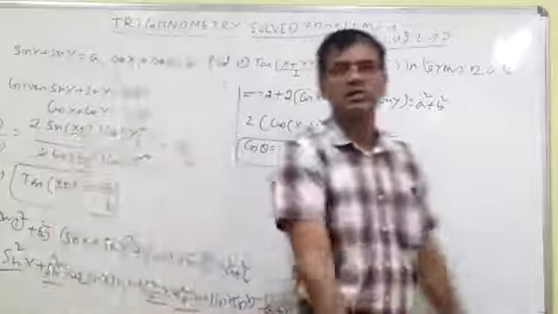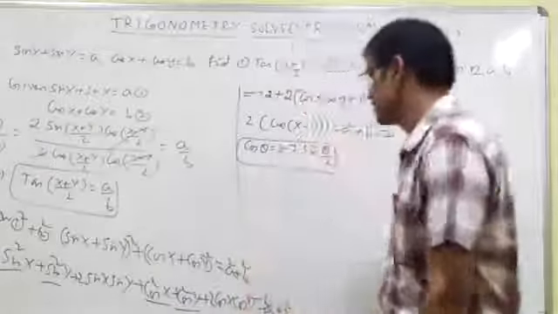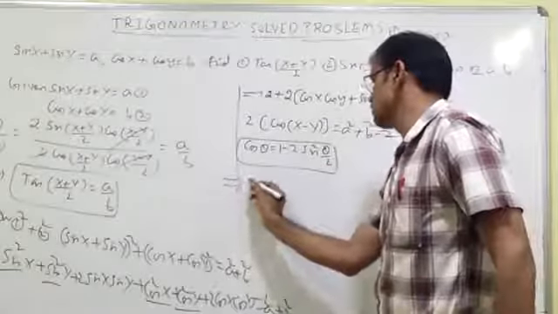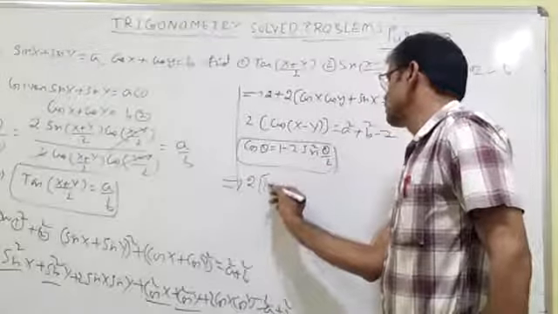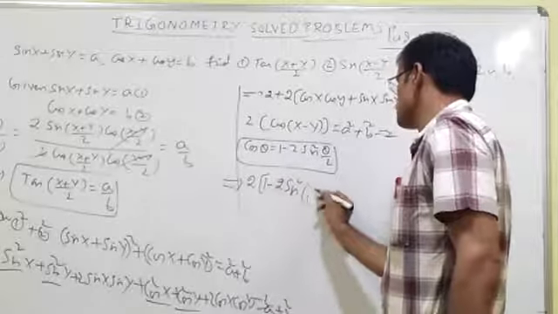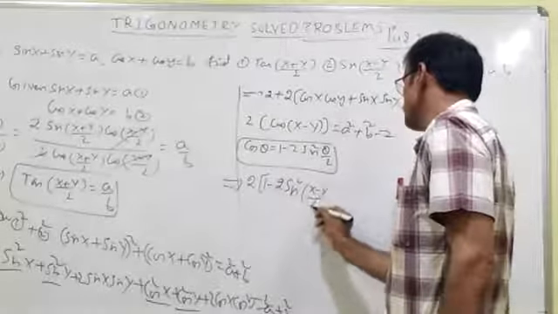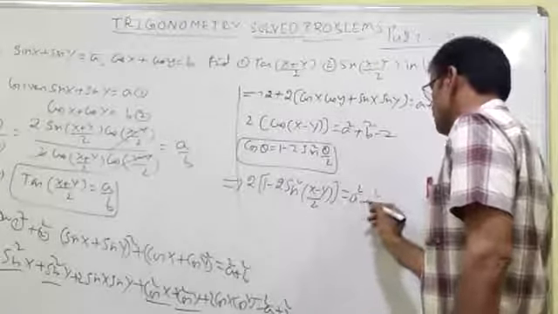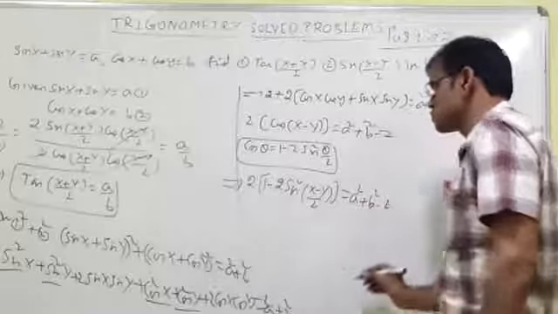This is the submultiple angle formula, which we have already discussed. So 2 into this can be understood as 1 minus 2 sin square of (x minus y) by 2, that is equal to a square plus b square minus 2.